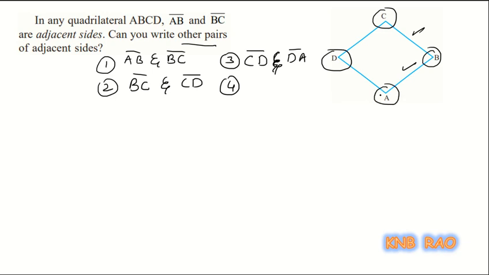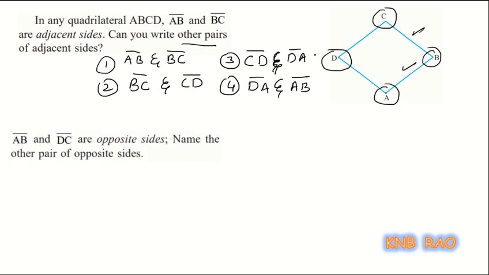A being the common endpoint, the sides DA and AB become the fourth pair of adjacent sides. So there are four pairs of adjacent sides in a quadrilateral.